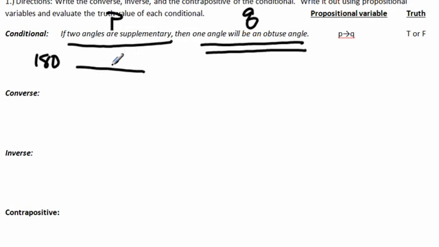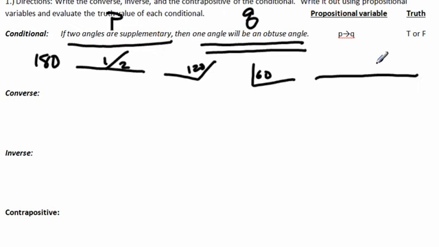So we have a couple situations. We have a linear pair, and when we have a linear pair, one of these will be obtuse. We will also have two separate angles. Like if this is 120 and this is 60, these are supplementary, and we have one obtuse angle. So we have to think of, are there any situations where we'll have supplementary angles and we won't have an obtuse angle?